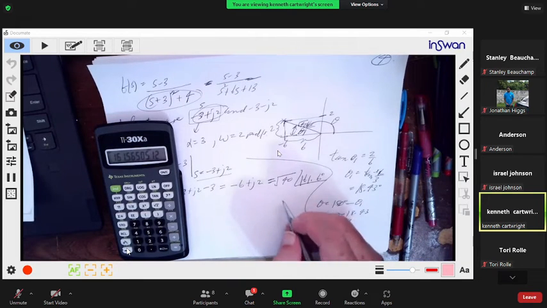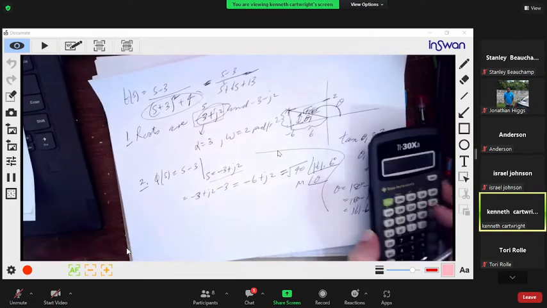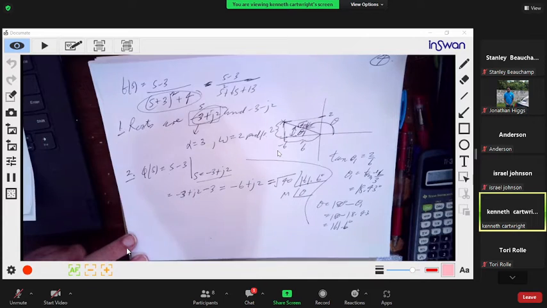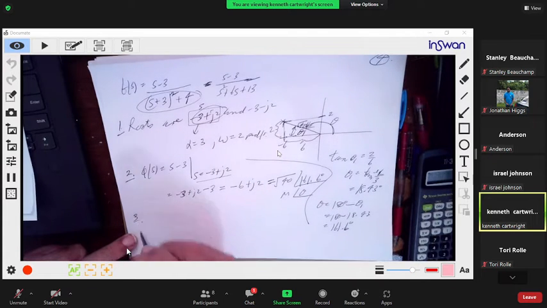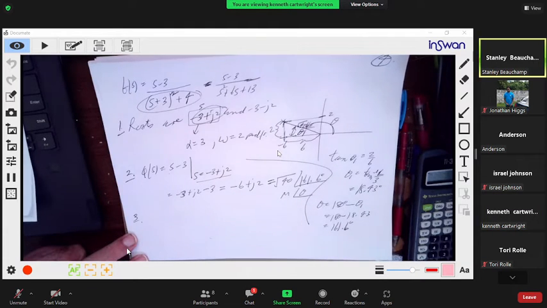So there's M and there's theta. Now what? Now you can substitute the answers you get into the formula.